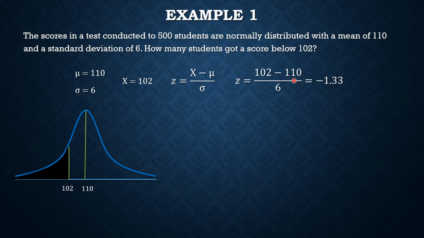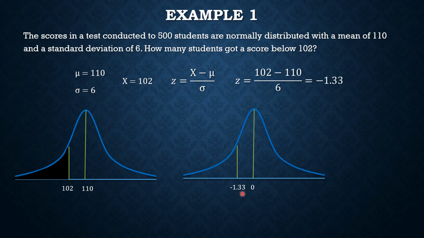By sketching the standard normal distribution curve, we have the mean of 0, and we have here the negative 1.33. And of course, ito yung hinahanap natin, itong area na ito.